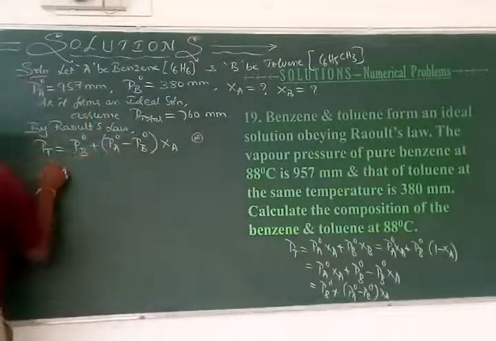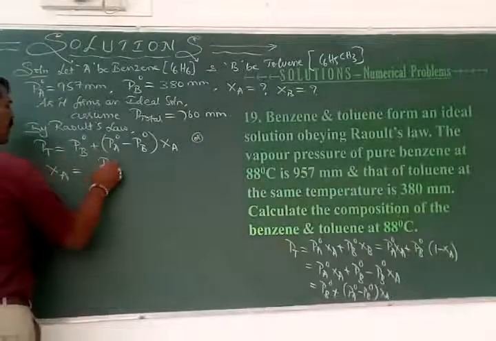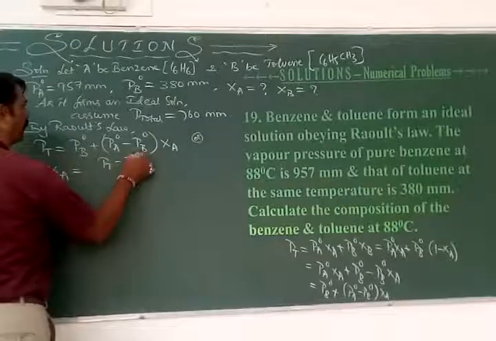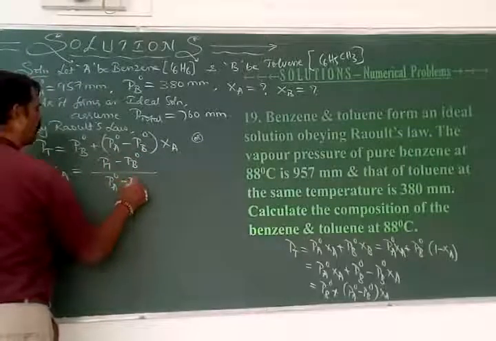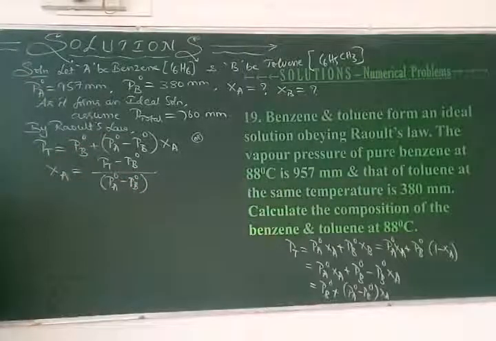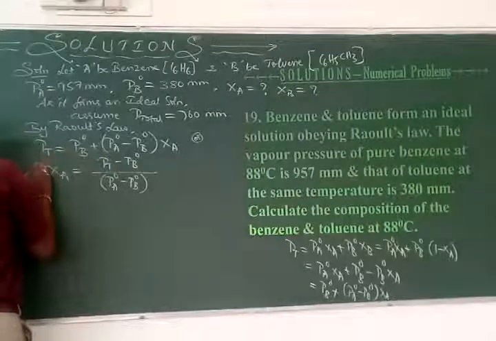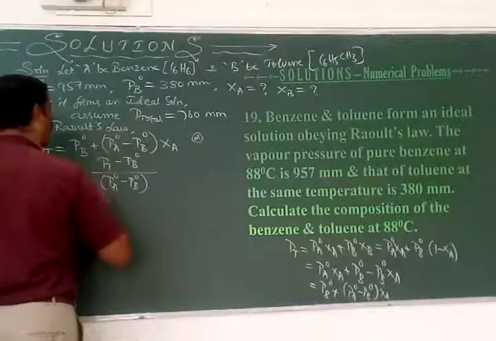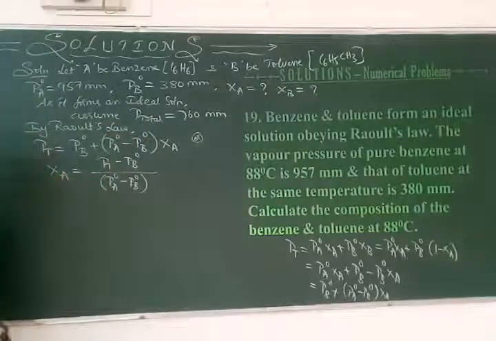Based on that I will calculate XA. XA is equal to PT minus PB naught divided by PA naught minus PB naught. I have written the direct step first: PT minus PB naught is equal to PA naught minus PB naught into XA. Therefore XA is PT minus PB naught divided by PA naught minus PB naught.